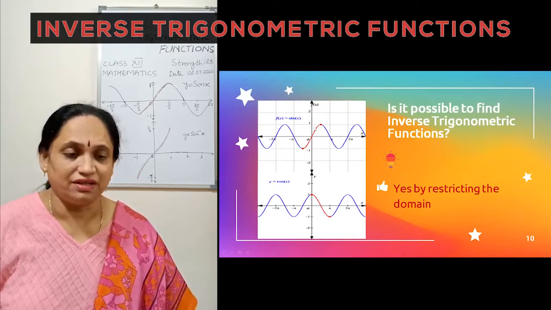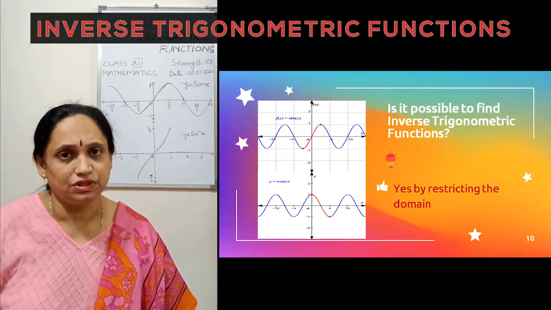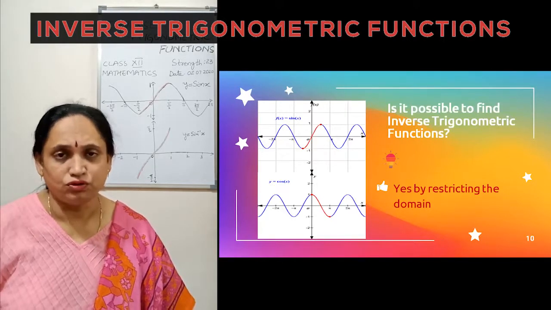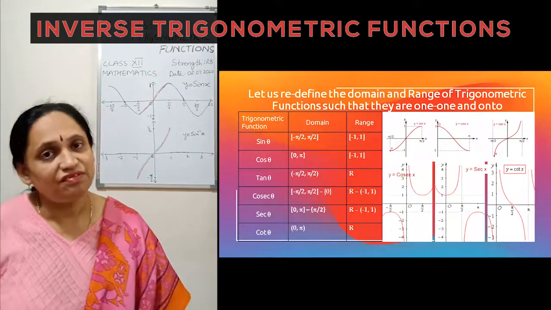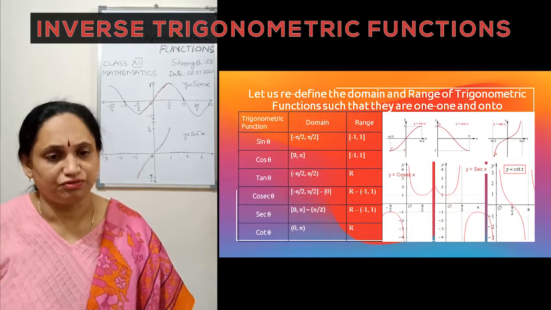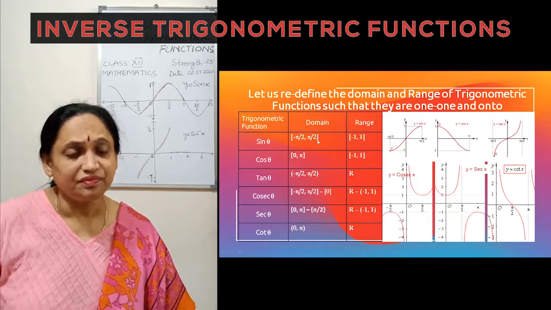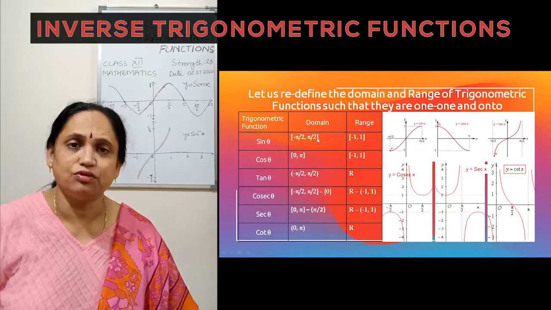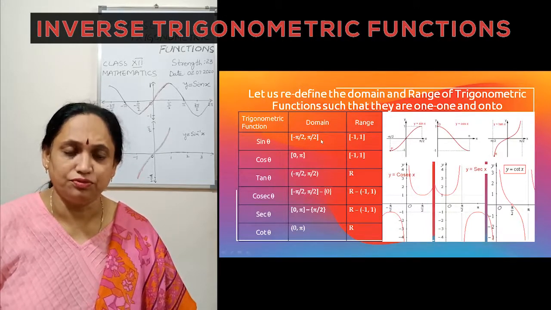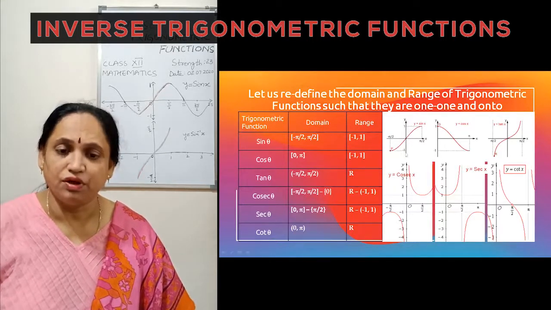If we restrict the domain to a particular region so that we cover all the values only once, we would get a 1-1 and onto function. So let us look at that in the next figure. We redefine the domain and range of trigonometric functions such that they become 1-1 and onto. If we restrict the domain of the sine function to the closed interval minus pi by 2 to plus pi by 2, it will cover all the real values between minus 1 and plus 1 only once.